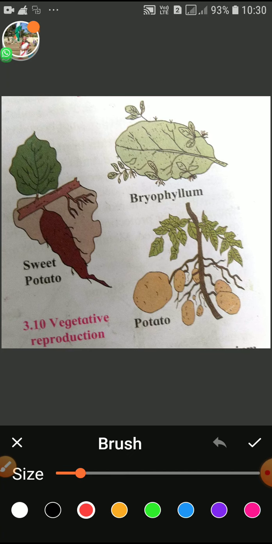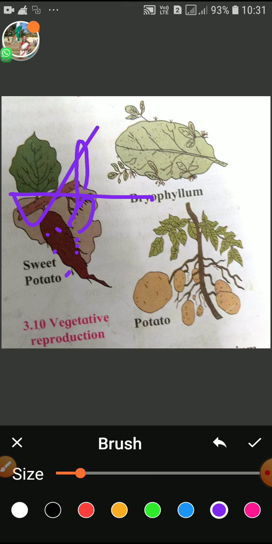You will see small eyes on the sweet potato, bud-like structures, they are called eyes. When the sweet potato is buried under the soil and gets water, from the eyes the leaves grow and a new sweet potato plant grows. This is the best example.